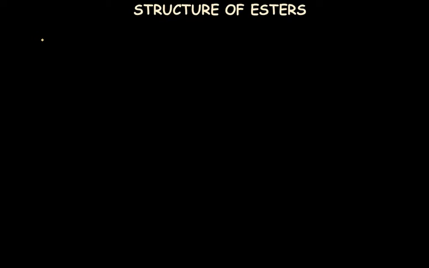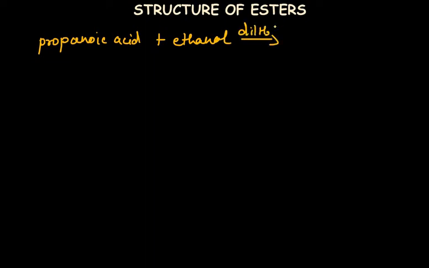So making ethyl propanoate from propanoic acid and ethanol in presence of any dilute acid like sulfuric acid, which is the most common acid used as a catalyst here. So we will get ethyl propanoate.